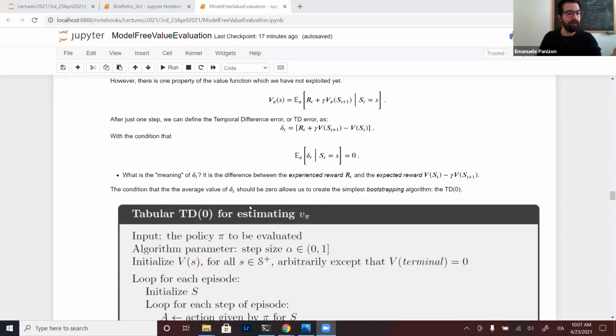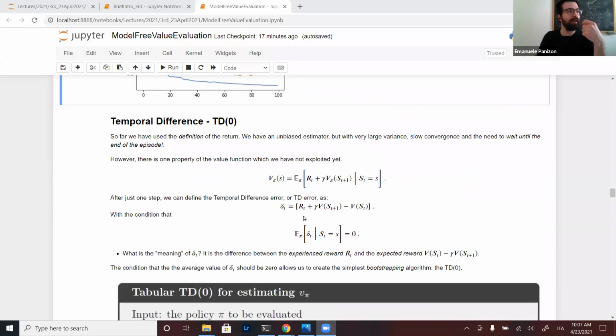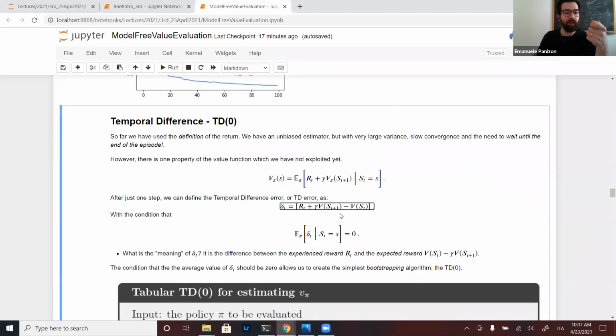In the temporal difference, the return is sometimes called G_{t:t+1}, which is given by the instantaneous reward plus gamma V. So again, what we are doing is we are trying to make my evaluation of the value as close as possible to what I see as R plus gamma V. In a sense, Monte Carlo takes the complete return and tries to average it to get the value.